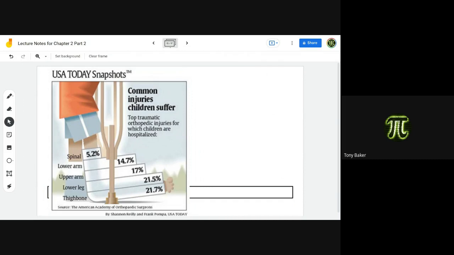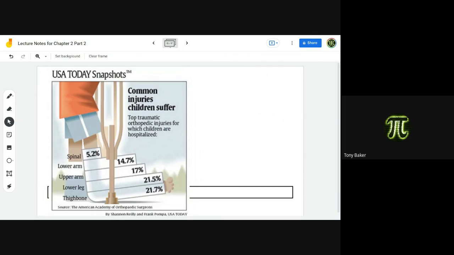Common injuries children suffer. What's wrong with this graph? It's hard to read. What are those percent? I'm not telling you how many children for that percent.